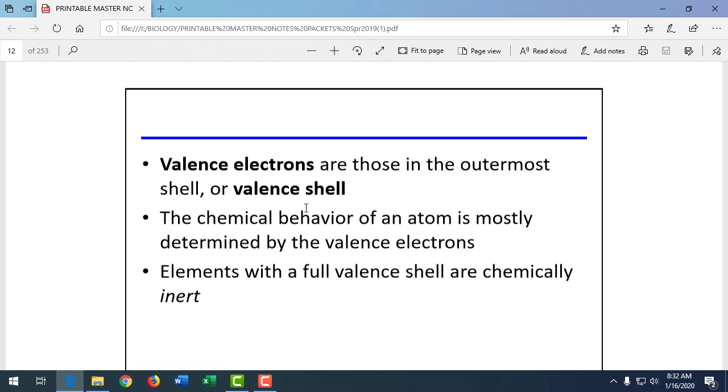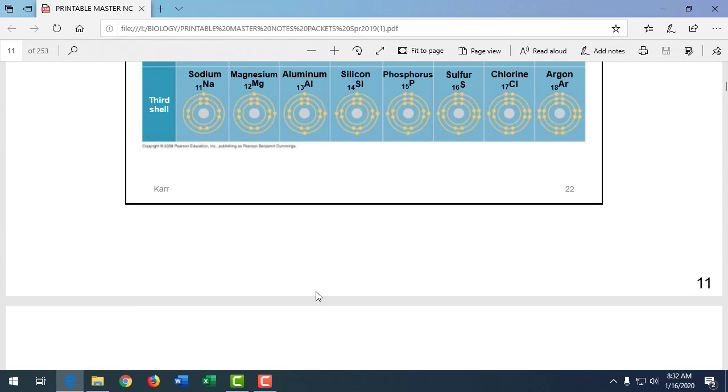That's the octet rule. The octet rule says that there can be 8 in the outer energy level. So if they have a full shell, they are stable and non-reactive. So if that energy level is full, they are stable and non-reactive.